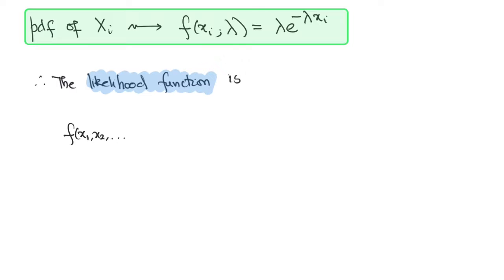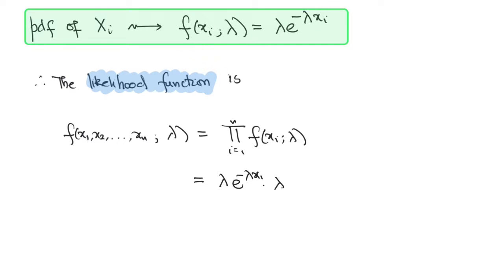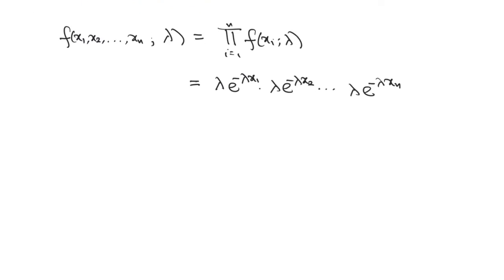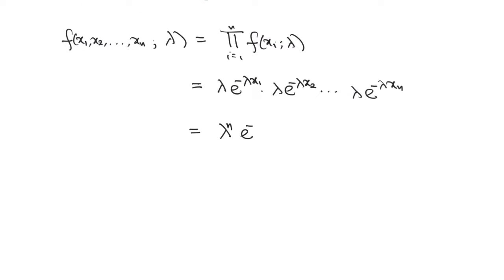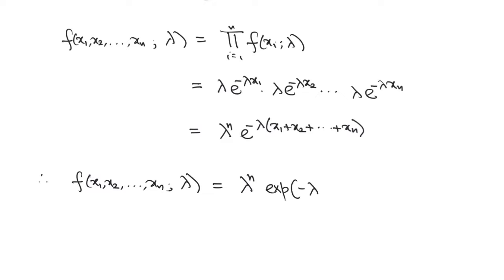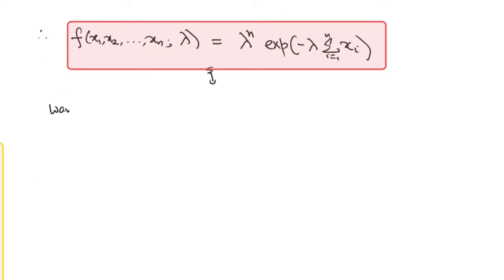The likelihood function is defined as the product of i going from 1 through n of f of xi semicolon lambda. If we work through this calculation, you notice that we will get the likelihood function f of x1, x2, x3 up to xn semicolon lambda to equal lambda to the n times exponential of minus lambda times summation xi.